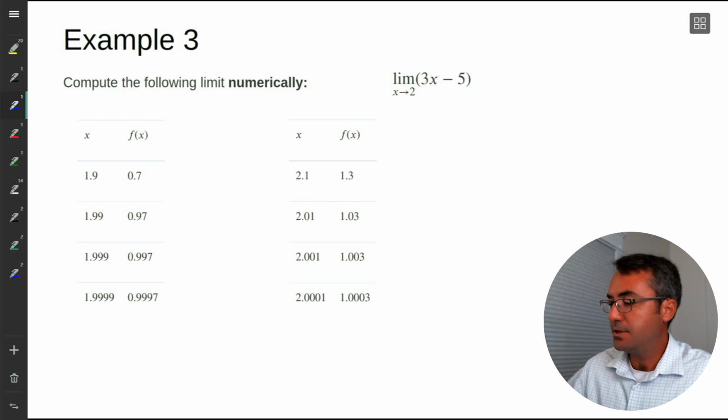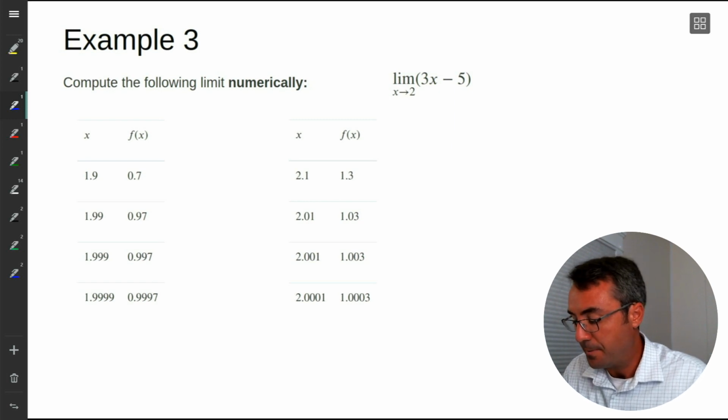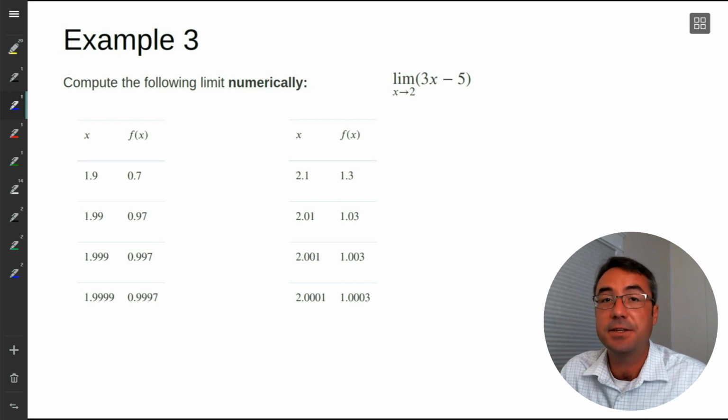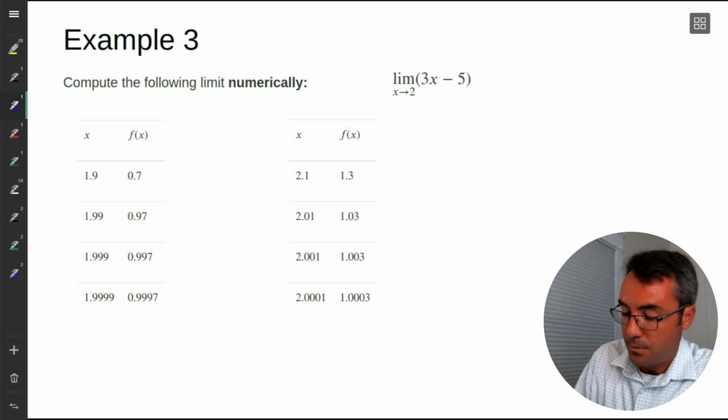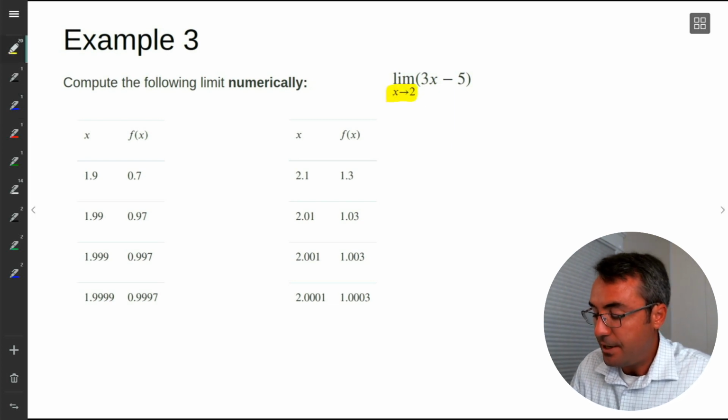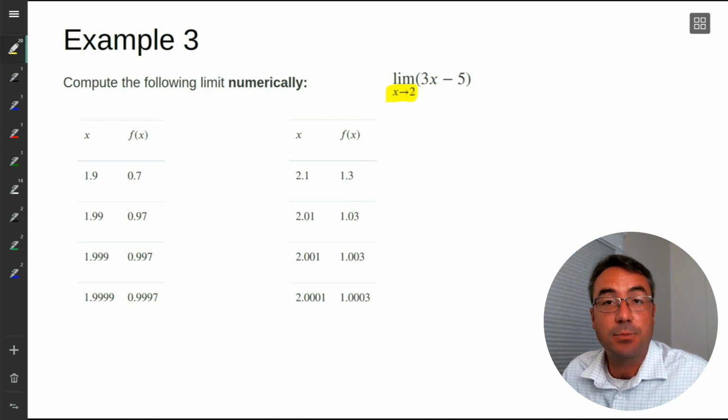All right, so let's look at example 3. We're going to compute the limit of the function 3x minus 5 as x approaches 2, and we're going to do this limit numerically. We're interested in x approaching 2.